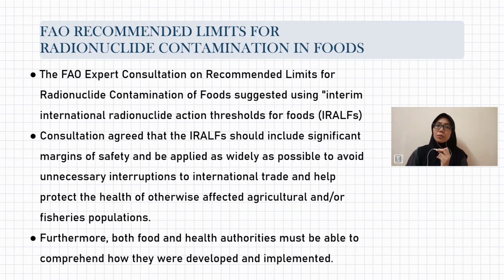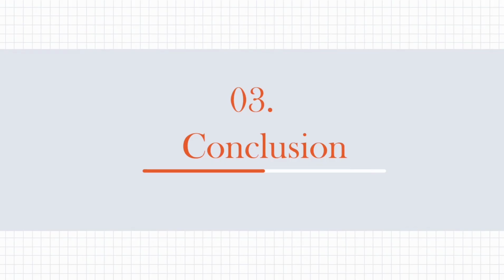Consultation agreed that the IRAFs should include significant margins of safety and be applied as widely as possible to avoid unnecessary interruptions to international trade and help protect the health of otherwise affected agricultural and/or fisheries populations. Furthermore, both food and health authorities must be able to comprehend how they were developed and implemented. That's all from me.